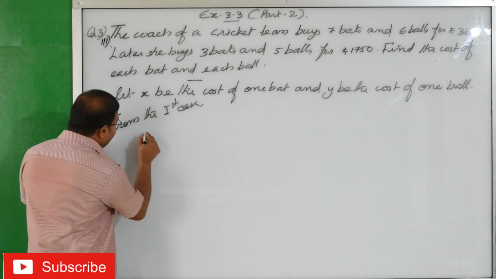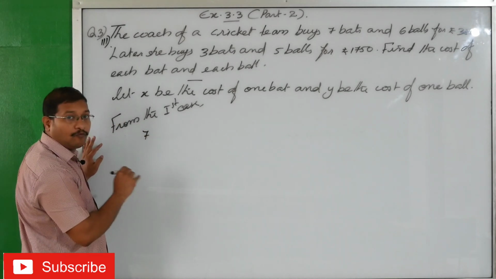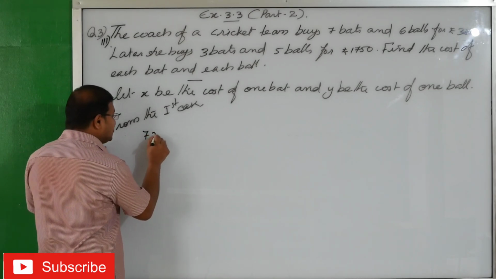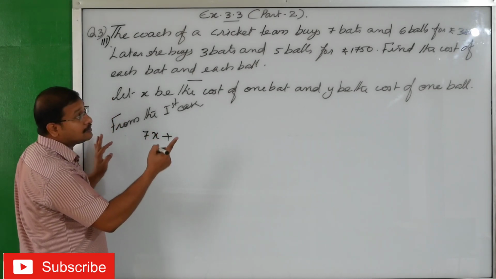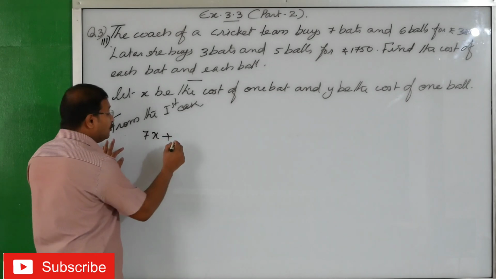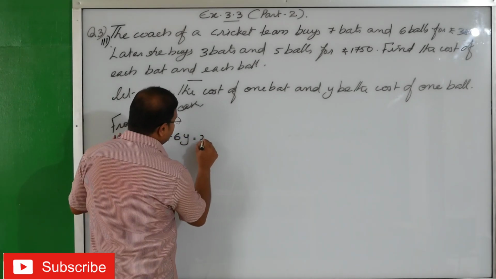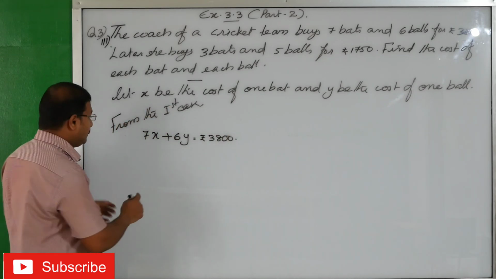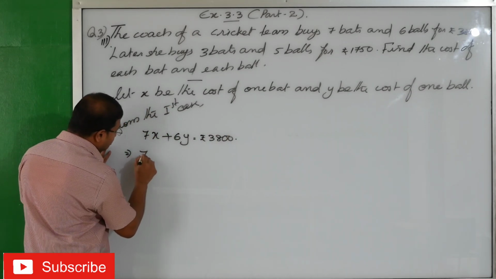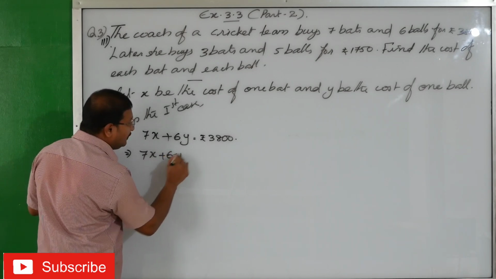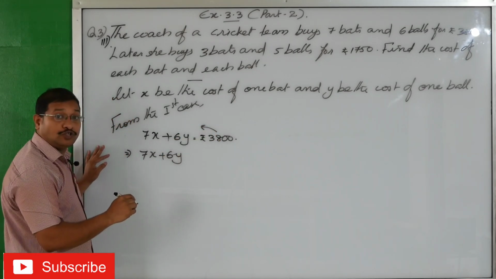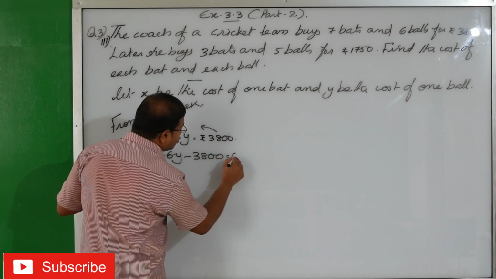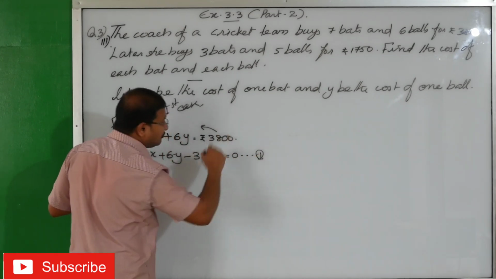That means 7 bats, 1 bat costs how much? x. That means 7 into x plus 6 balls, that means 6 into y equals rupees 3,800. Ready? Now that implies 7x plus 6y, 3,800 goes next side, minus 3,800 equal to 0, equation number 1.